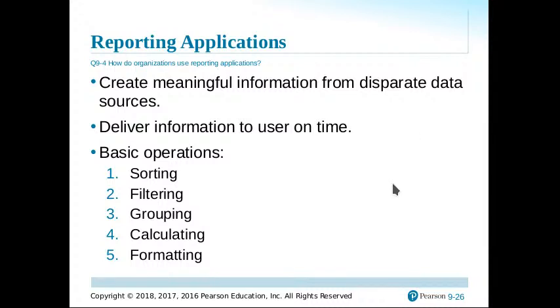So for publishing the results, we see we have many ways to publish it. But how can we do it? We deal with the publishing results. Here we have some basic operations that the BI, or even the data warehouse, can support. So it's very simple, right? Sorting, filtering, grouping, calculating, and formatting.